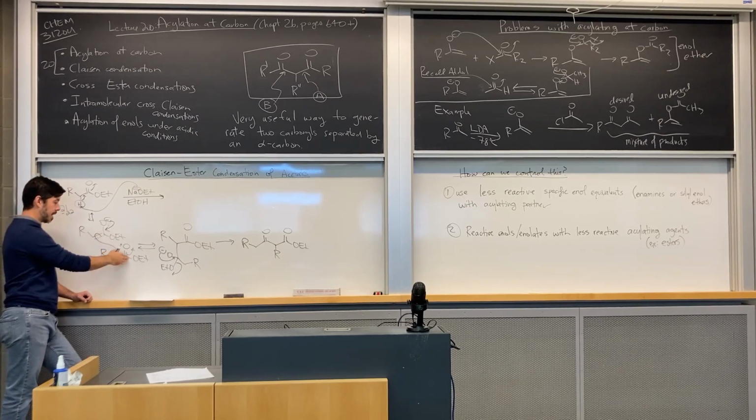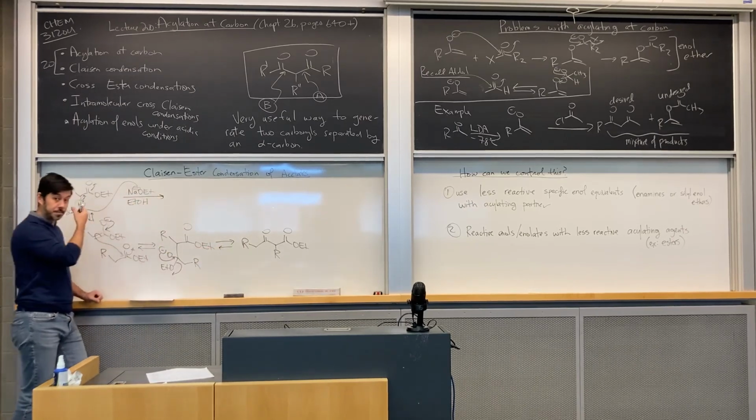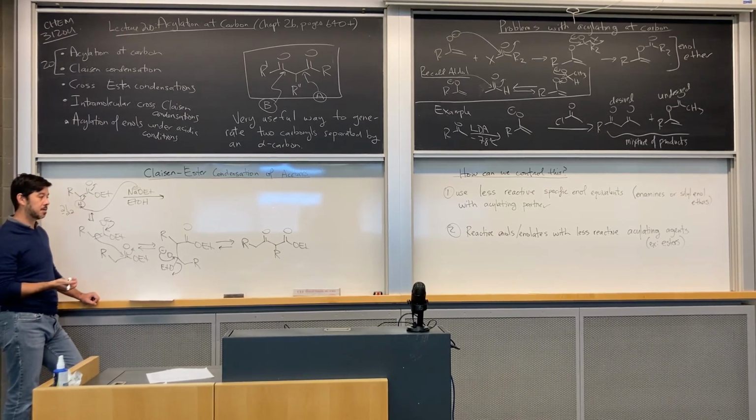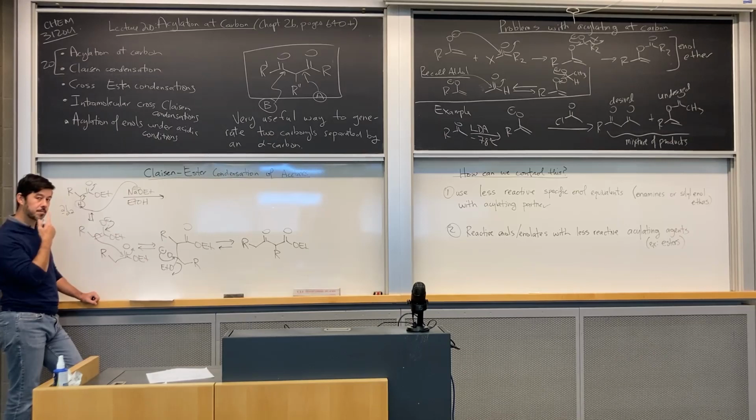Once this comes and reacts, the reverse could happen too. So all these steps are reversible. So the question I have for you is that we are in the solution with a base whose conjugate acid is around 15. Mechanistically, is that going to be the final product?